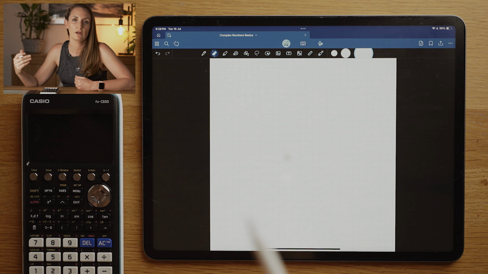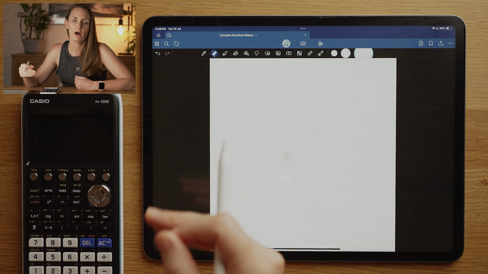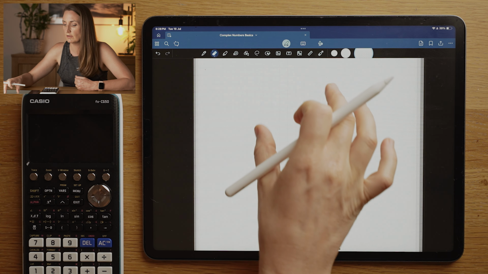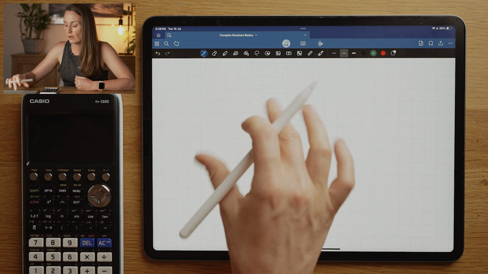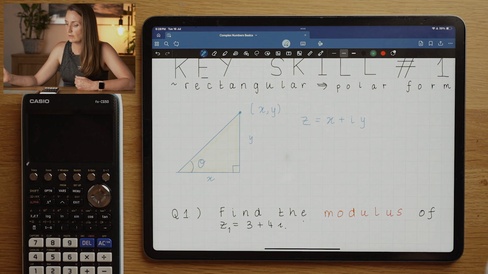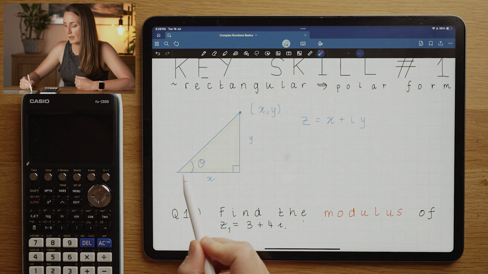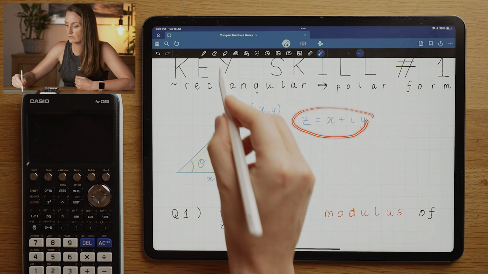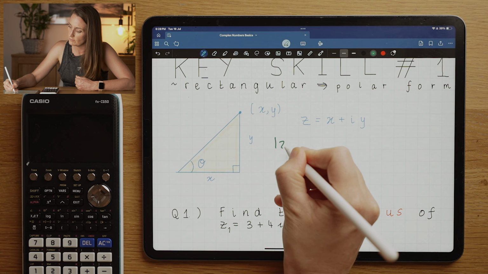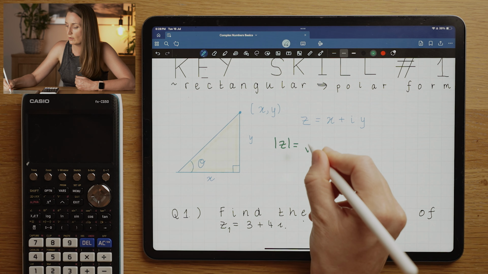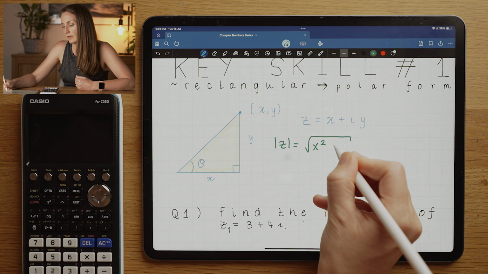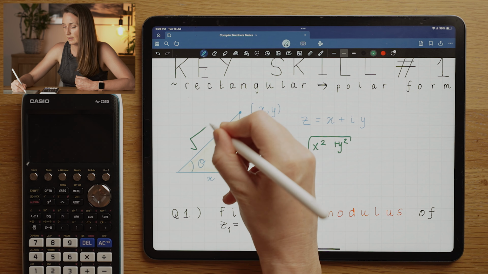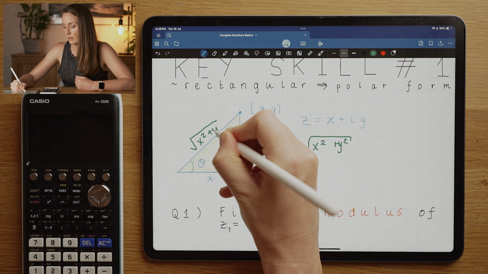So now you have already learned two important skills. They are how to find the modulus of a complex number and how to find the argument of a complex number. And we can summarize that if our complex number is x plus iy, the modulus of z would be equal to the square root of x squared plus y squared, which would be this distance here.